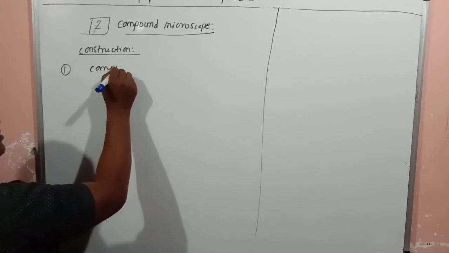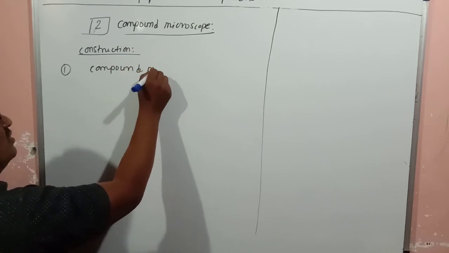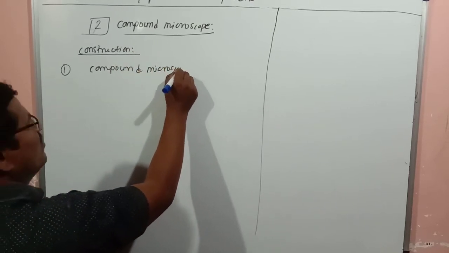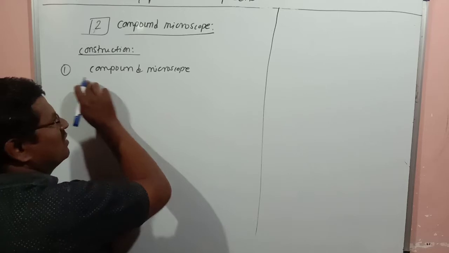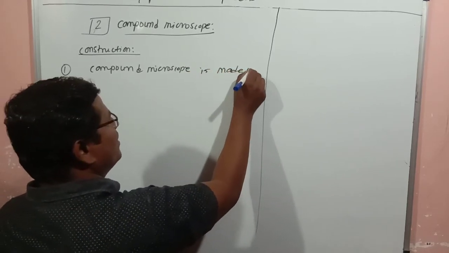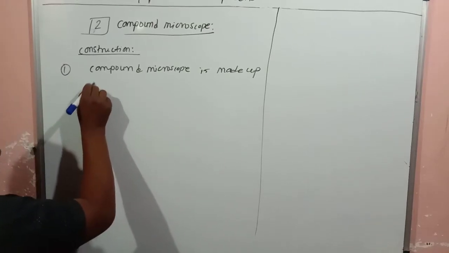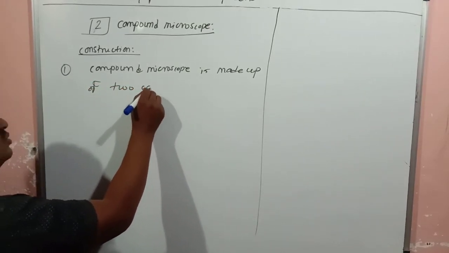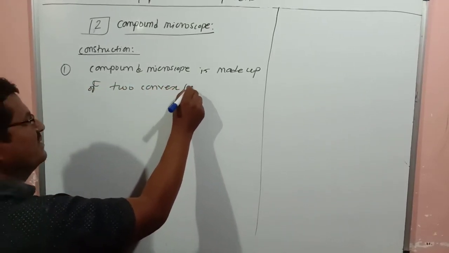In the construction, you can write: the compound microscope is made up of two convex lenses.